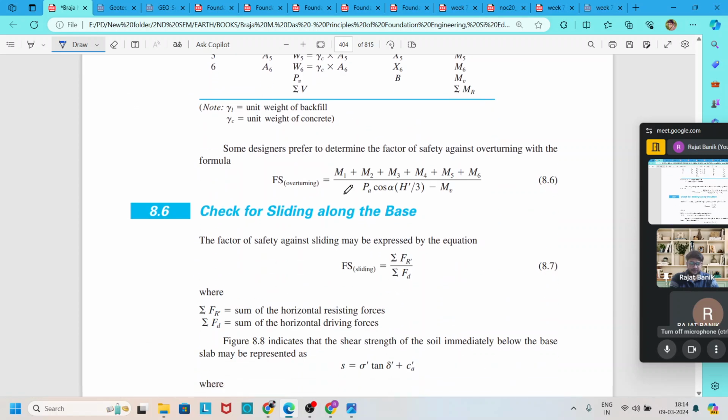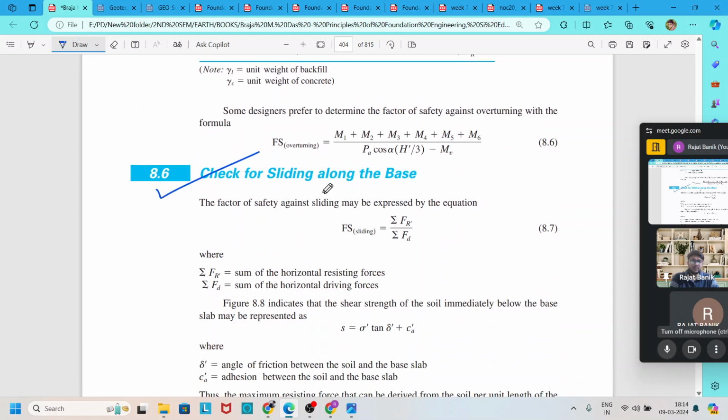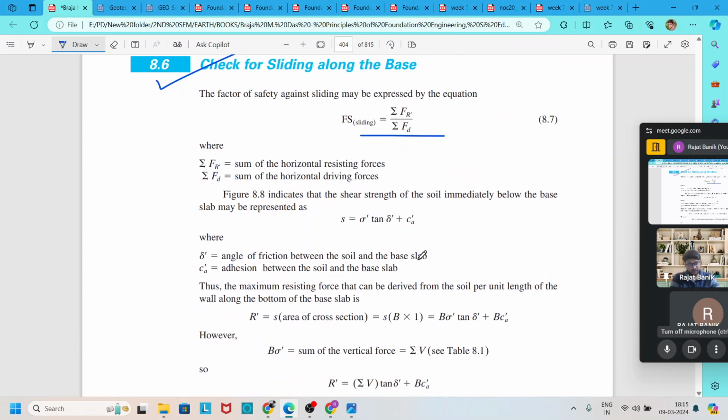Then after that, if the overturning is satisfied, we have to find out the sliding. Sliding is also the resisting force divided by the sliding force. And the sliding force, that means the driving force, occurs at the bottom of the retaining wall due to the shear force or friction force at the bottom.